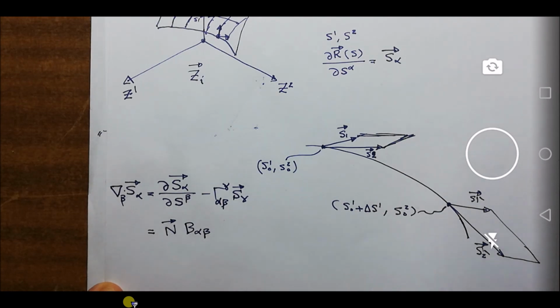I already told you that the difference is an indication of how much curvature we have. When the result was 0, it meant that we had no curvature at all. We had a Euclidean space.